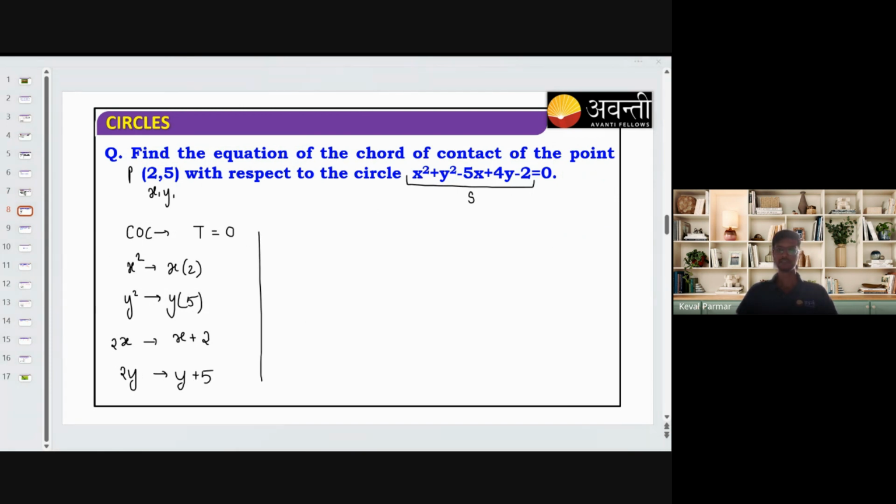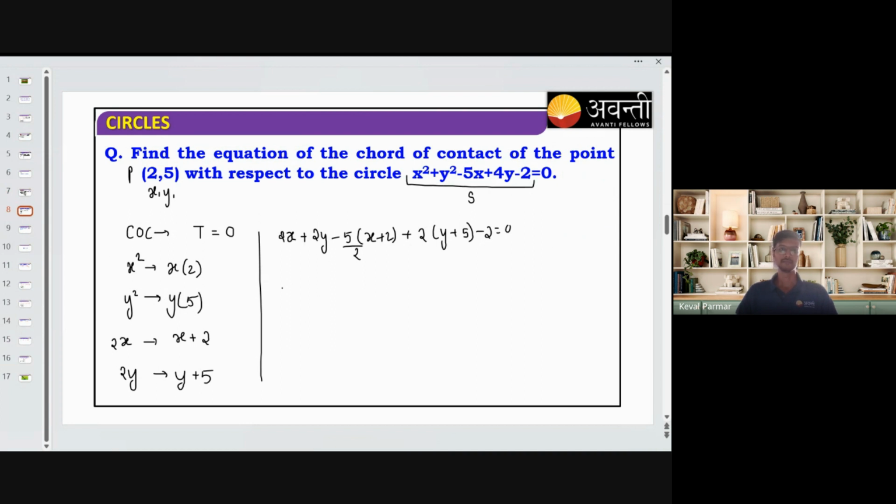If we do all this in the equation of the circle, we'll get 2x plus 2y minus 5 into (x plus 2) upon 2 plus 2 into (y plus 5) minus 2 equals 0.